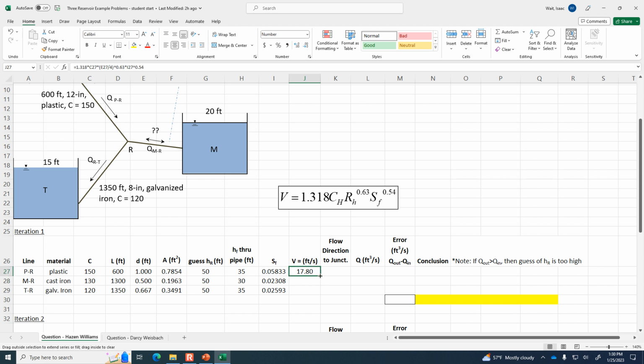And let me drag the formula down through the other two cells. It'll calculate the velocity for pipe MR if this is the slope of the energy grade line, and for the diameter that's specified. So all of these formulas are looking at the particular C value, the particular diameter, and the slope of the energy grade line for that pipe.